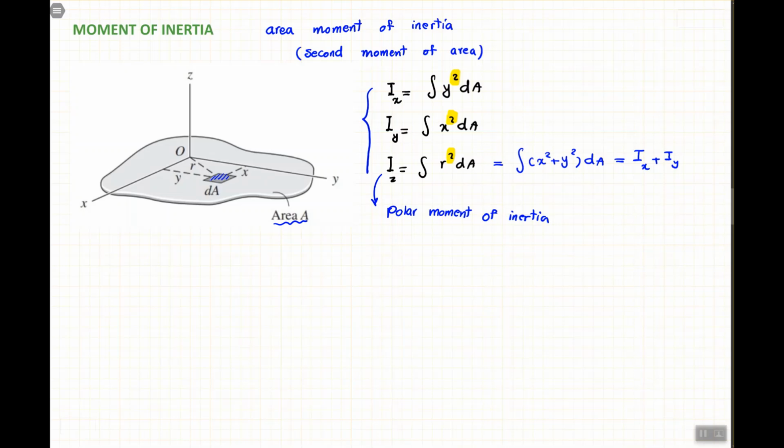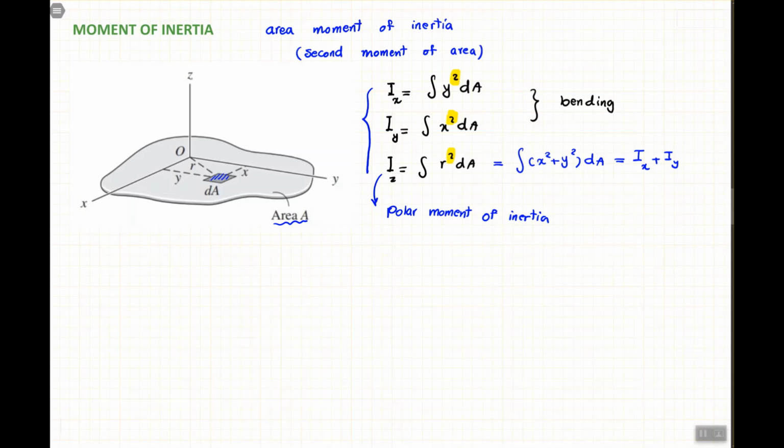For now, we just saw from the video that this Ix and Iy relate to bending, and we said the bigger these numbers are, the stronger an object is in bending, similar to the video that you saw, the piece of lumber that we put over the canal, right? Iy was bigger than Ix, and that's why it was stronger in bending.